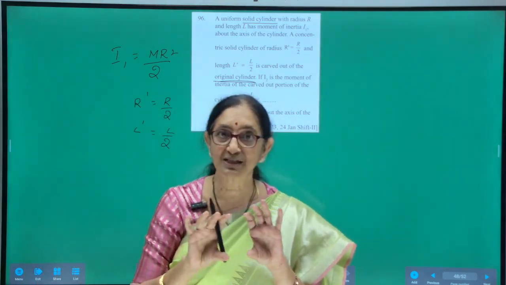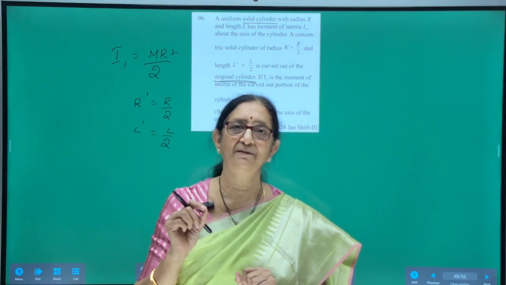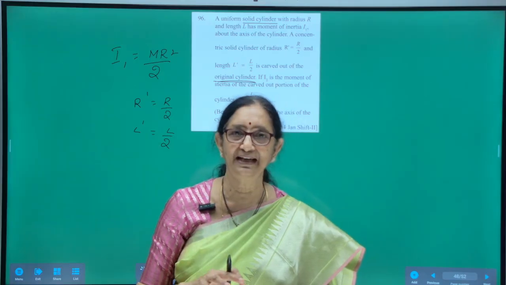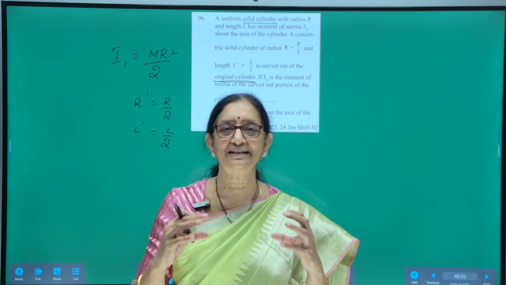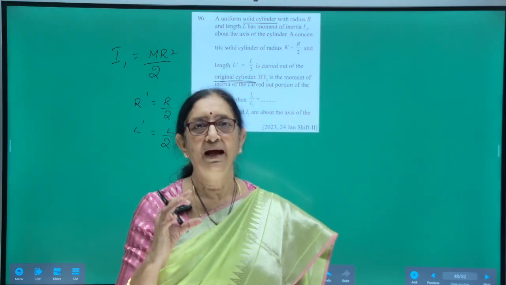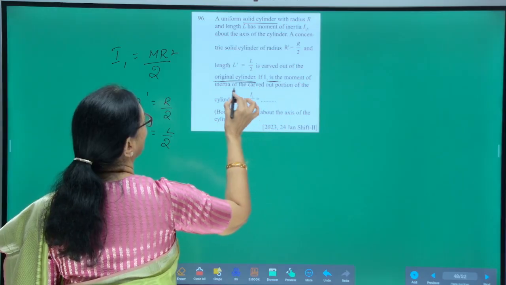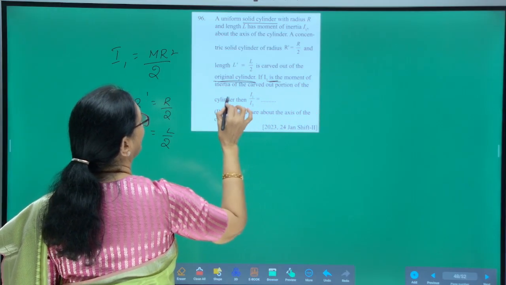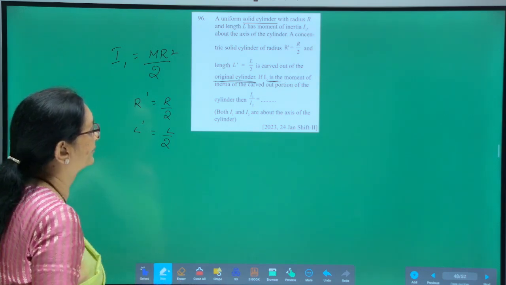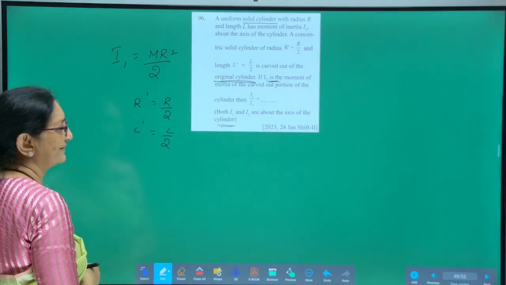So, from a solid cylinder, another portion of half the radius, half the length is carved, that is cut exactly the central portion and removed. You are supposed to find its moment of inertia I2, the moment of inertia of the carved portion of the cylinder is I2. Both I1 and I2 are about the axis of the cylinder.